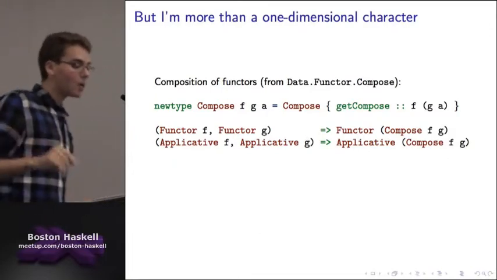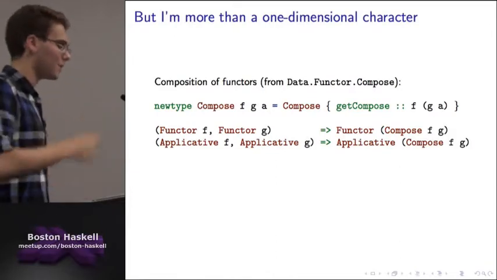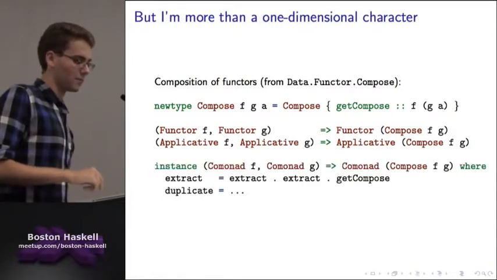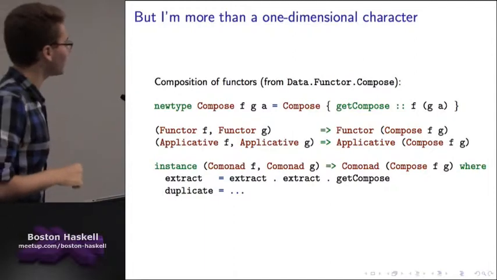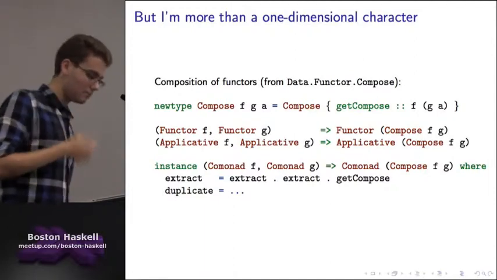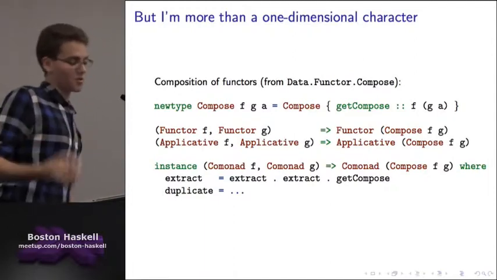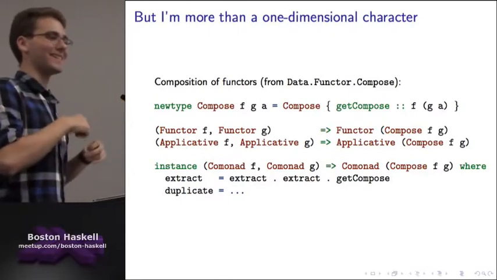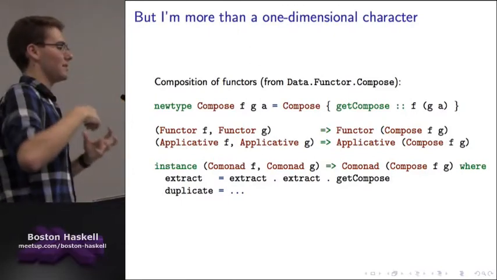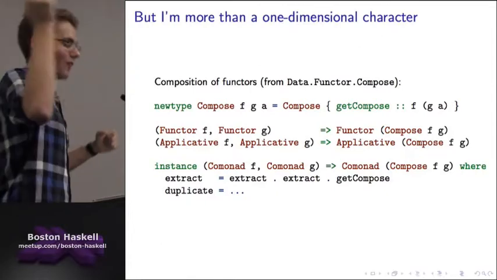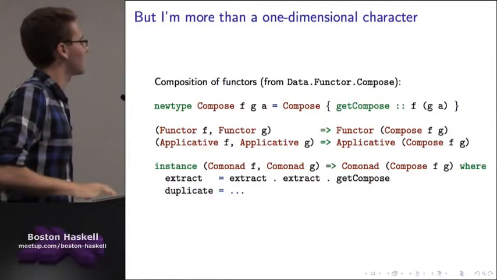And for free, we get that the composition of two functors is a functor, the composition of two applicatives is an applicative, and what I want to be able to say is the composition of two comonads is also a comonad. So extract is really easy, because I can pull out the thing on the inside and then I can just extract again. But what's duplicate?